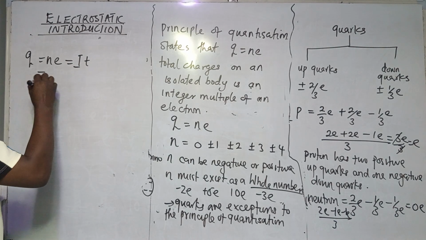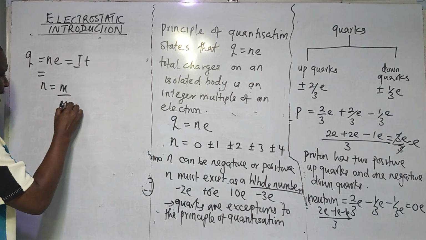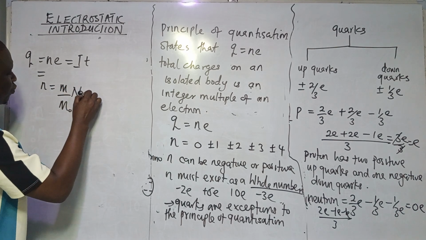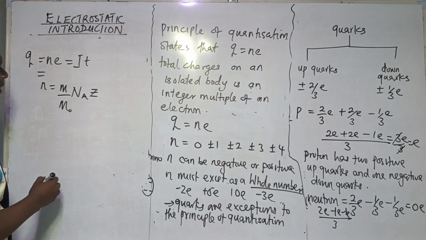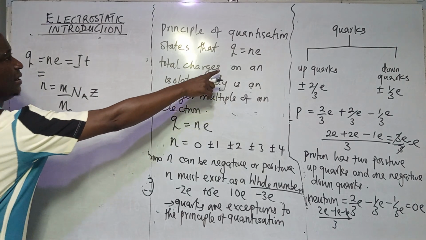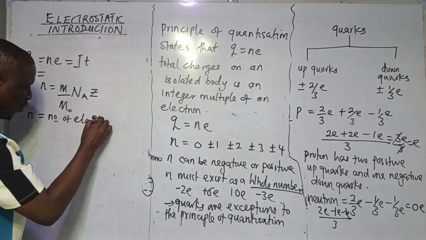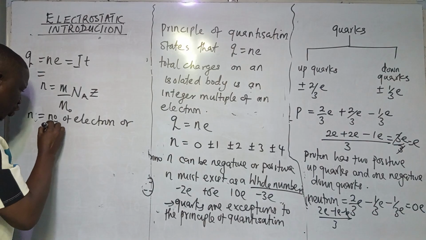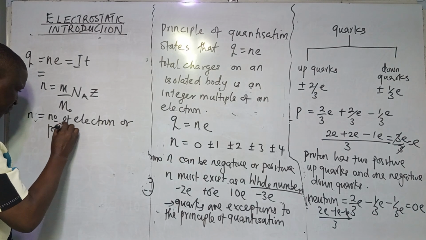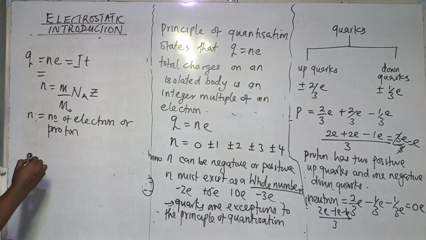Now, we also understand that N is equal to mass over molar mass times Avogadro's number times Z. This N here is called the number of electron or proton, and it exists as a whole number.